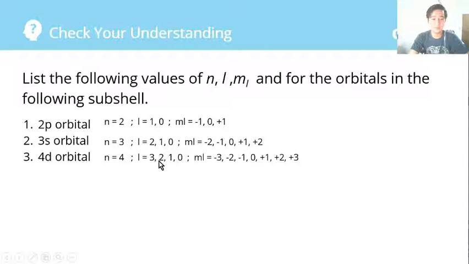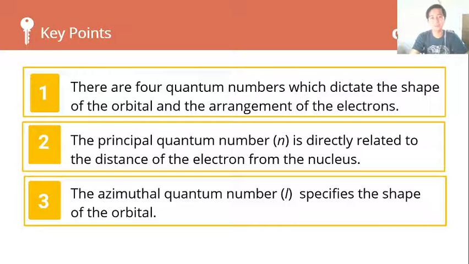L would be 3, 2, 1, 0. Why? Because L is n minus 1, so 4 minus 1 is equal to 3. So that will be 3, 2, 1, including 0. M sub L would be positive L to negative L. Because the highest number is 3, that will be negative 3 to 0 to positive 3. Okay, so there we go.